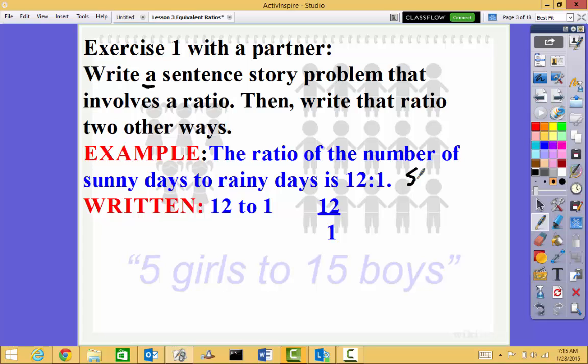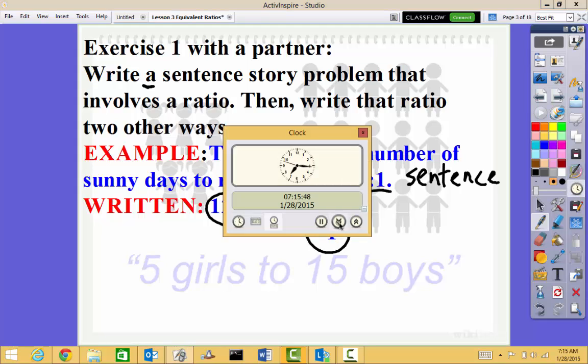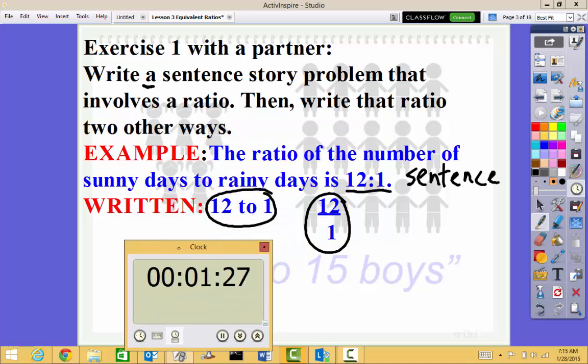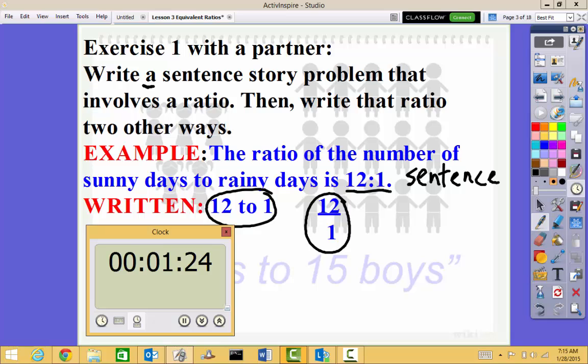There's my sentence. And then the second part of these directions was write a ratio 2 other ways. So here's my first way, here's way one, other one, and my second other way. You have till the timer runs out. Please do this on your notes. So please write these on your notes.